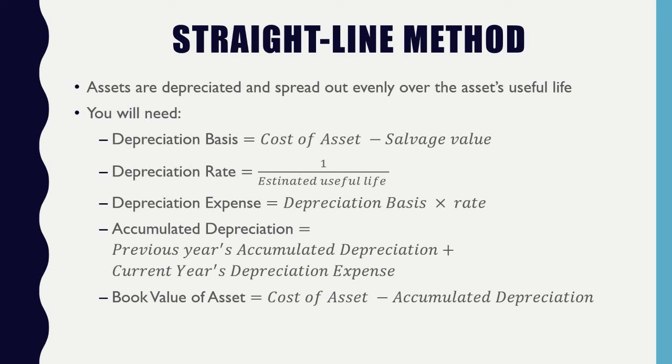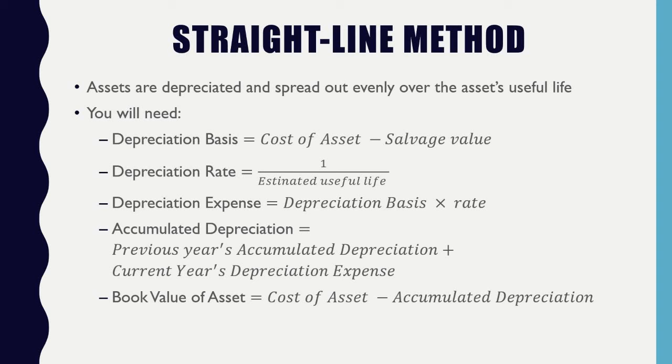Now, when I say straight line, what I mean is that when we think about how and why we depreciate, you're basically going to take the asset, determine the cost of it, and spread the cost evenly amongst its useful life, evenly. So that means every year, you will depreciate the same exact number.